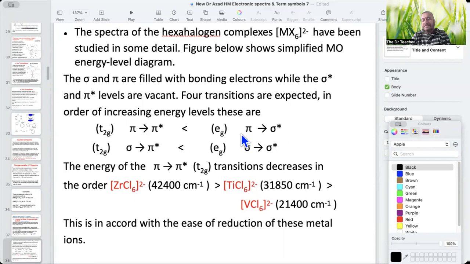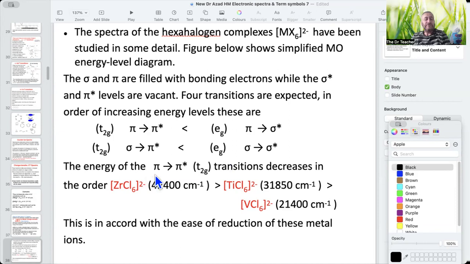But you can see pi from the eg to pi star, and sigma to sigma star from the eg. So the eg transfers electrons pi to sigma star, sigma to sigma star. The t2g transfers pi to pi star. So everything will go to the pi star.